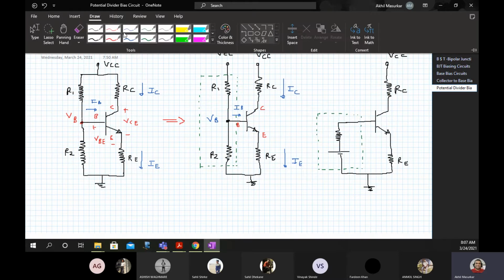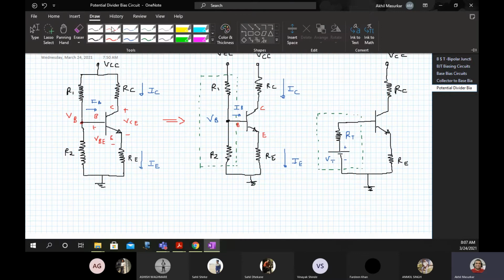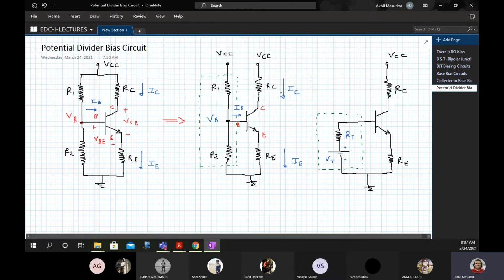Here for the Thevenin's equivalent circuit, I will say this value is RT, and here this value is VT. Now the question is, what is the value of RT and VT? To calculate RT, we connect VCC to ground, and then you can see R1 and R2 will both be in parallel. So RT is R1 parallel to R2.